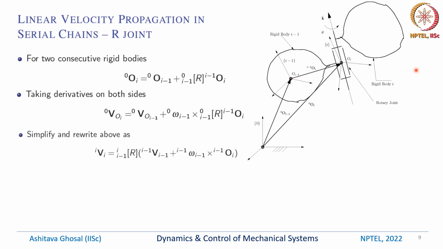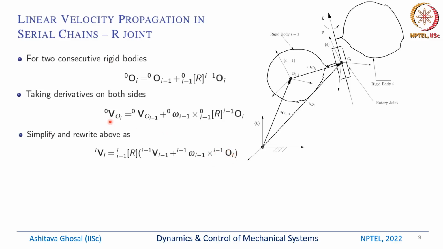Again, we can pre-multiply by a rotation matrix, i with respect to 0, and then we will get a term ⁱv_i, and this term will be ^{i-1}R_i, ^{i-1}v_{i-1}, ^{i-1}ω_{i-1} cross ^{i-1}O_i.